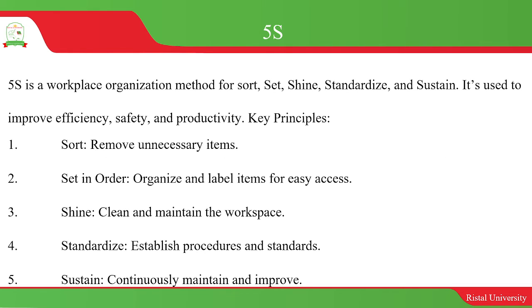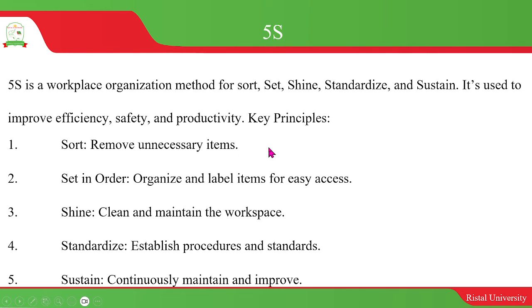Okay, let's look at the 5S. The 5S is a workplace organization method: sort, set in order, shine, standardize, and sustain. It is used to improve efficiency, safety, and productivity. So sorting is just like sorting. You have to organize your things. I will still use the pharmacy example here.